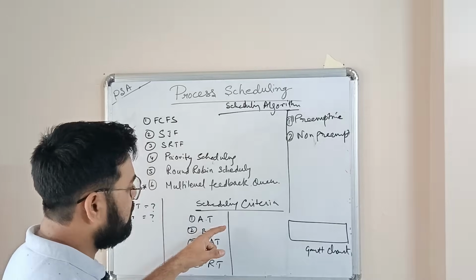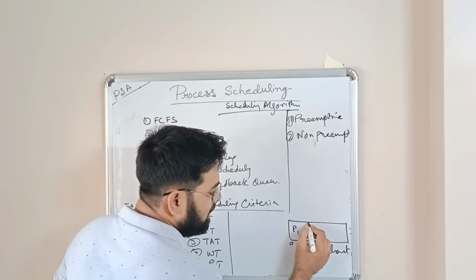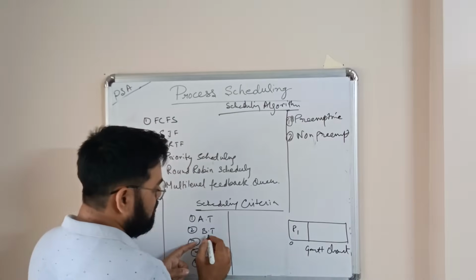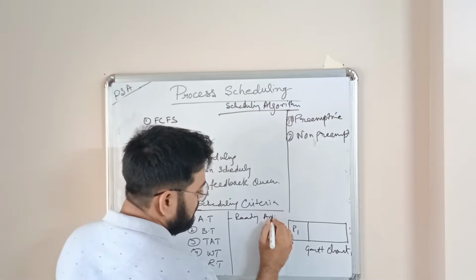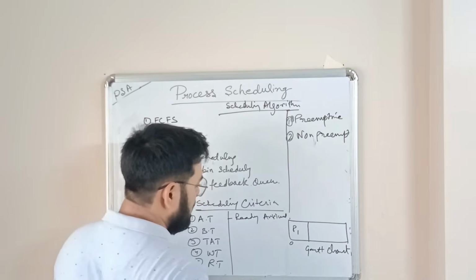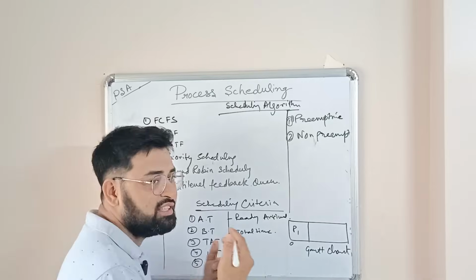Fine. Arrival time is when the process arrives in the ready state. Let's assume P1 arrives at 0 time. Burst time means the total time it requires to execute.